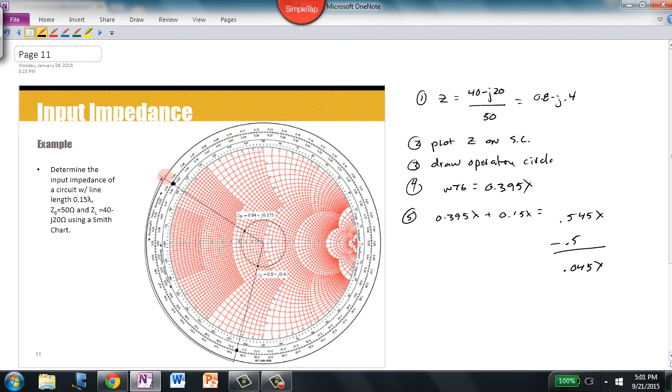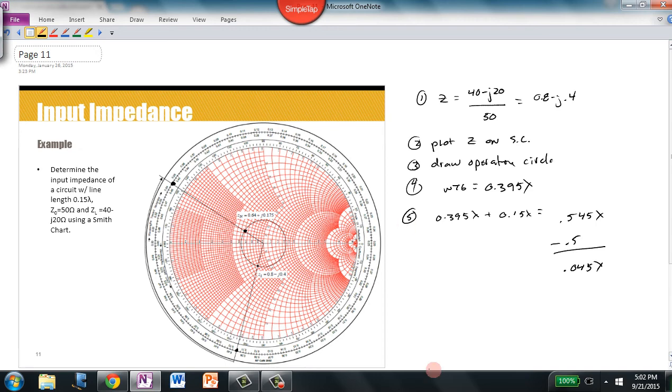We then draw this line right here, extending from the center of the Smith chart to that 0.045 lambda on the wavelengths towards the generator scale, and we mark Zn, the intersecting point of that line and the operating circle that we drew in step 3.